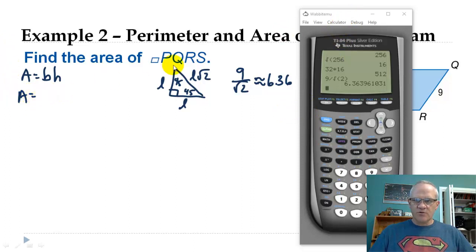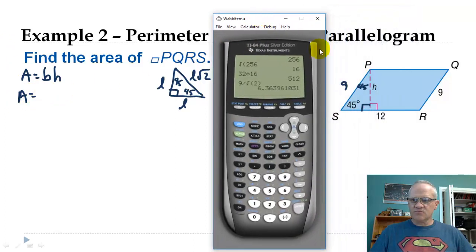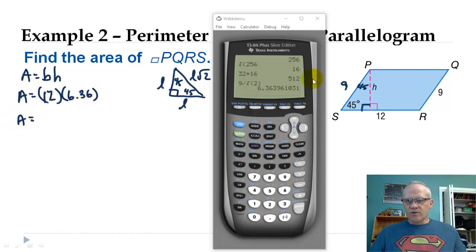So the area would be the base 12 times about 6.36. Since we had rounded that to 6.36, I'm just going to leave this original number in here and multiply by 12 so I'm more precise with it.